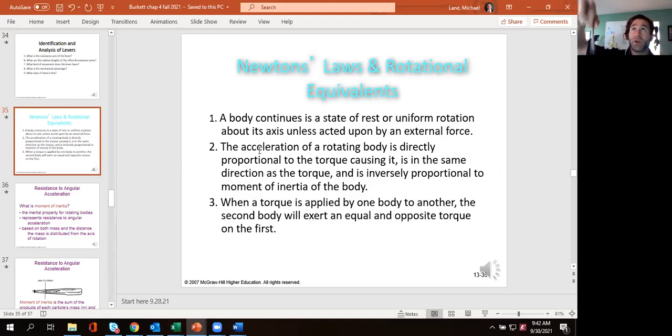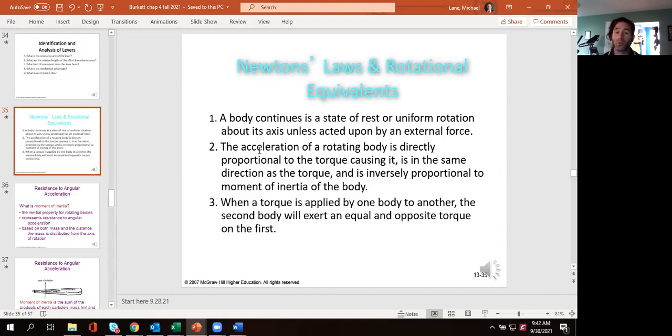Now, if I try to do the same thing using just two fingers and try to spin my cat, I'm probably not going to accomplish spinning the cat, and the cat's just going to take a swipe at me. So the torque is going to be in the same direction. Notice I turned it counterclockwise, and it would move counterclockwise. And notice it's inversely proportional to that inertia.